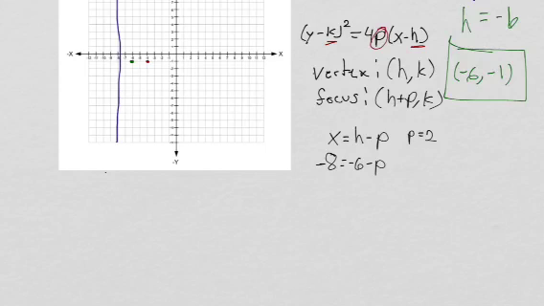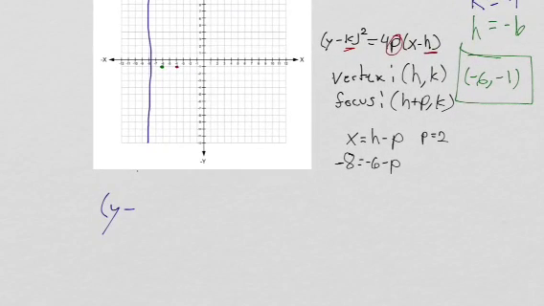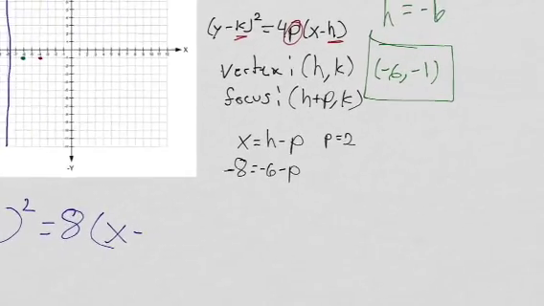So we will get, let's make this blue, y minus our k value, which is -1, so that turns into y plus 1, squared equals 4 times p, which we got 2, so 2 times 4 is 8, times x minus h, which is -6.